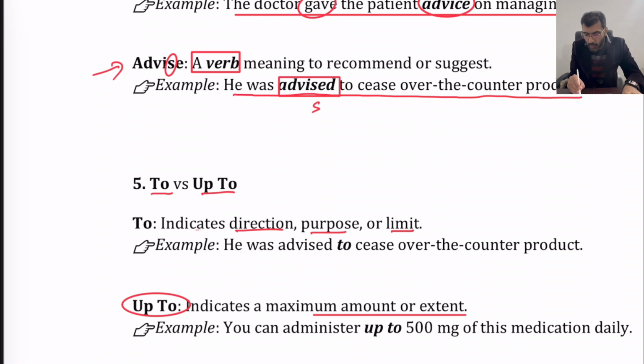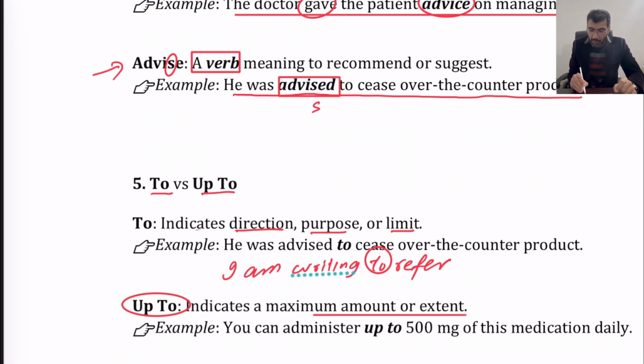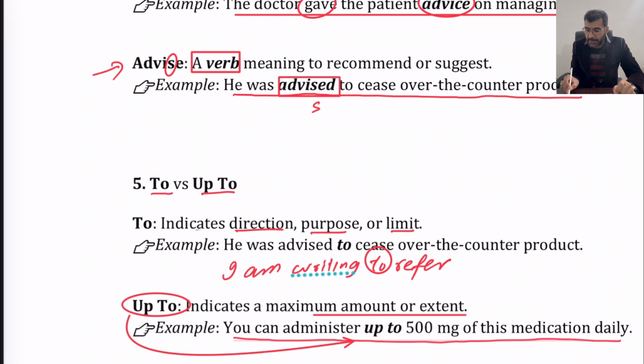The earlier example was not the best. A better example: I am writing to Rapha. This shows a direction. But up to is specifically used for a specific limit. You can administer up to 500 milligrams of this medication daily. Up to 500 milligrams of this medication daily shows the limit or extent.